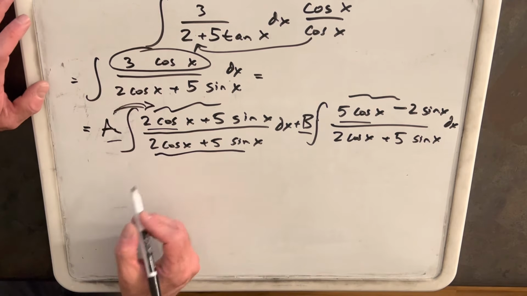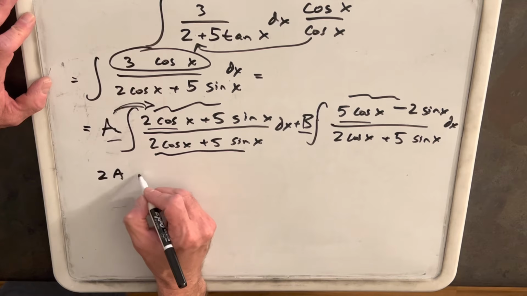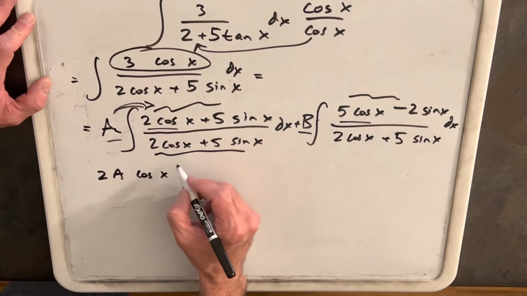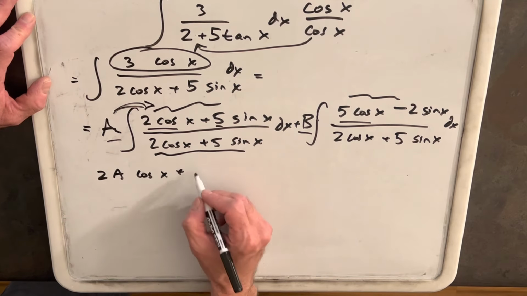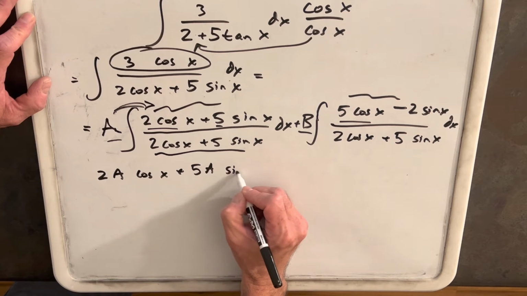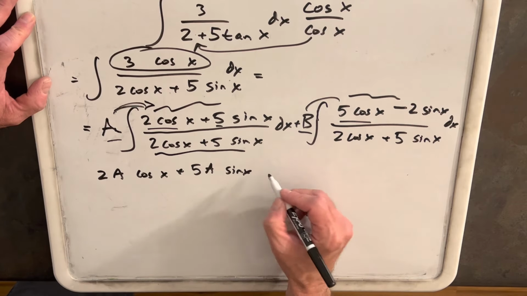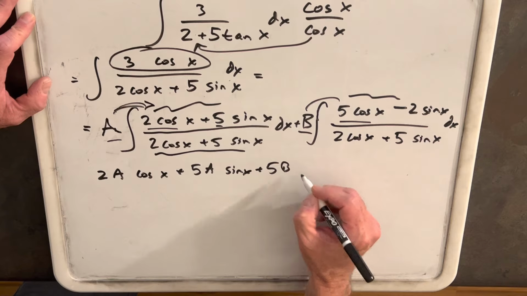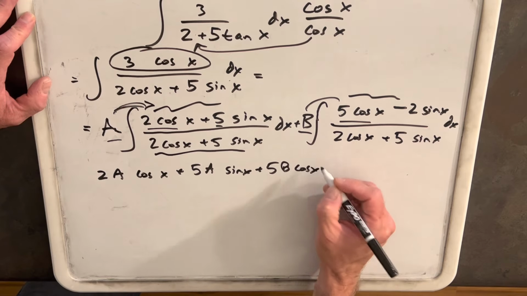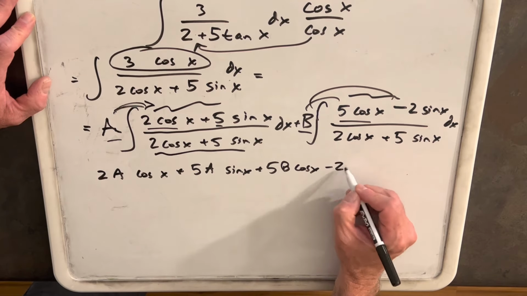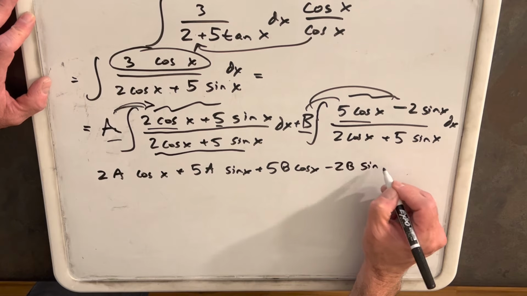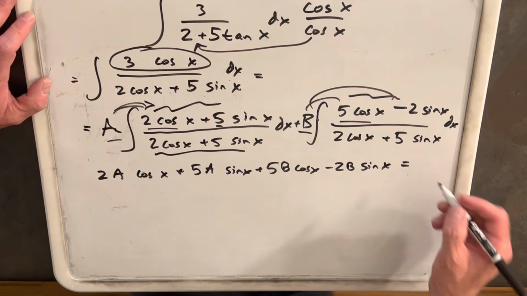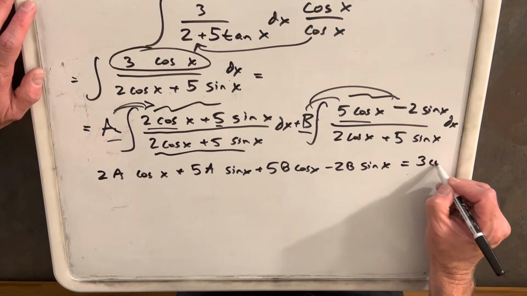Multiplying this, we'll have 2a cos x plus 5a sine x. Then we'll have 5b cos x, and a minus 2b sine x, and that's going to equal 3 cos x.